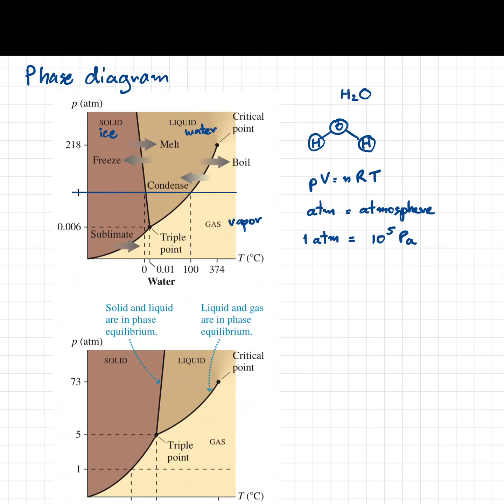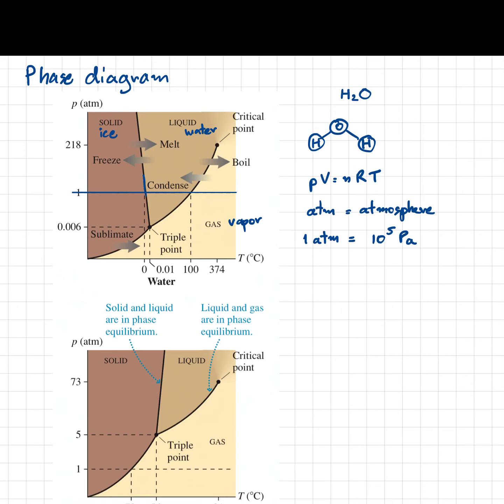When you go across this line, you go from solid to liquid. So if you are above 0 degrees Celsius at 1 atm, you are in this region, so you're going to have water, right?